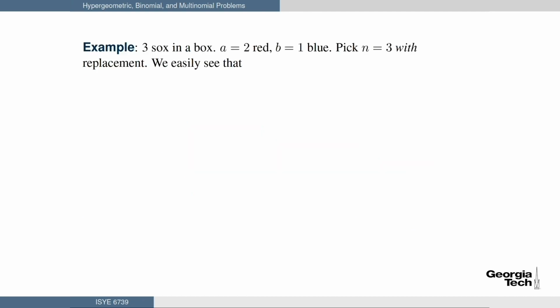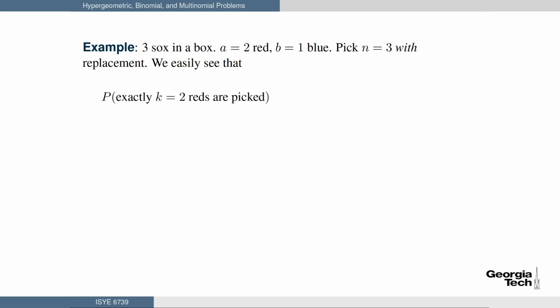Let's now do the same two examples I did with the hypergeometric, but now I'm going to do them for the binomial with replacement. So I've got 3 socks in a box. A equals 2 reds, B equals 1 blue. Pick n equals 3 with replacement. So I plug and chug.